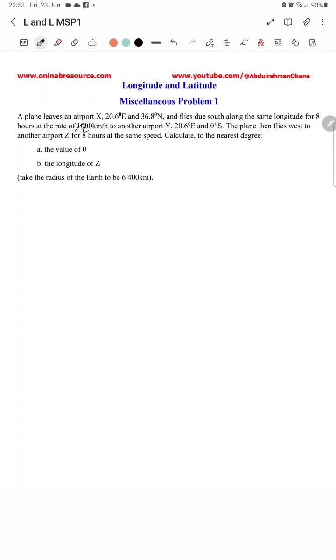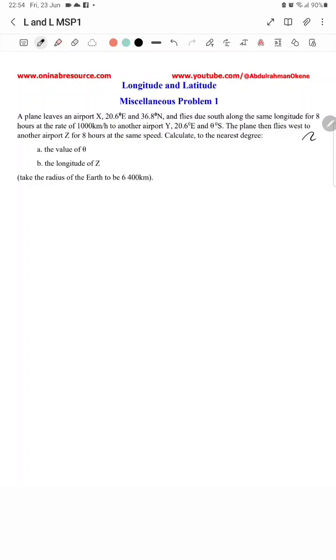A plane leaves an airport X, 20.6 degrees east and 36.8 degrees north, and flies due south along the same longitude for 8 hours at the rate of 1000 kilometers per hour to another airport Y, 20.6 degrees east and 30 and theta degrees south.